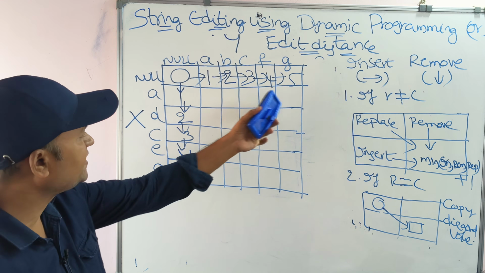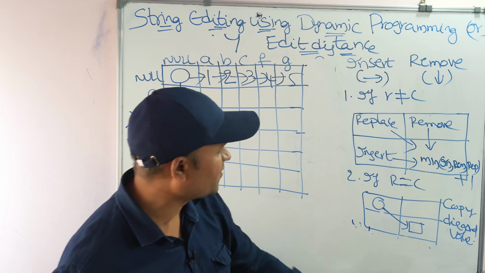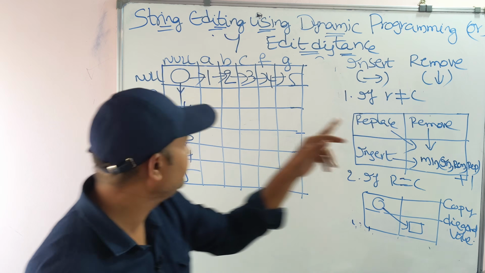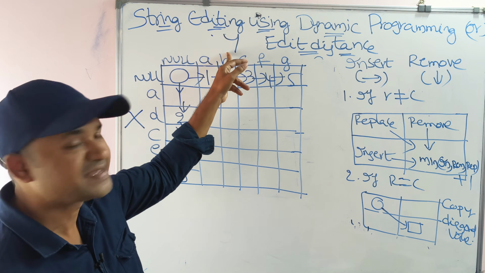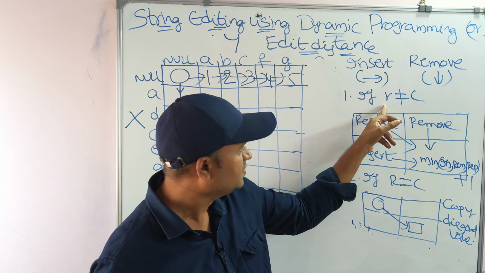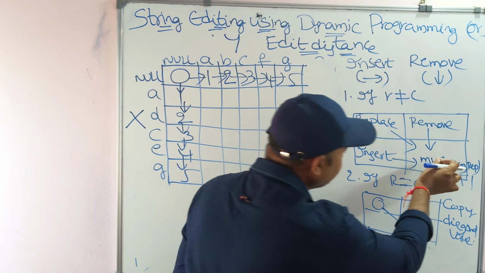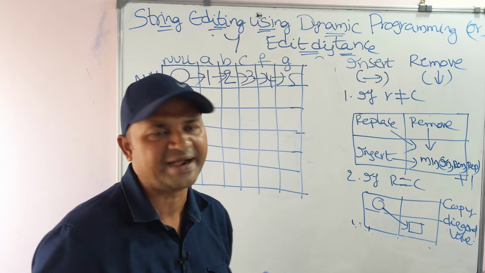Okay. Next, let us fill the remaining cells of the matrix. For that, let us use this formula. If row not equal to column, here we have to compare the characters A, B. So AB means characters mismatch. If the characters are mismatched, then in order to calculate this cell, here we have a 2 by 2 matrix.